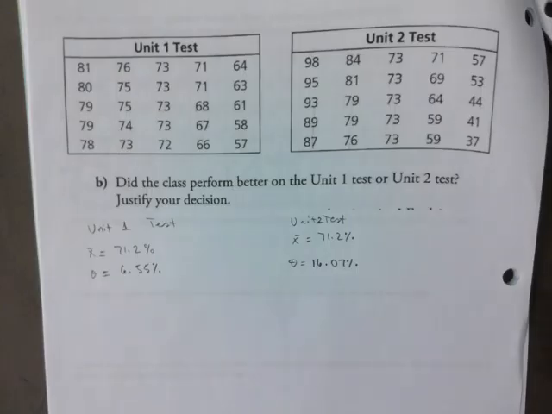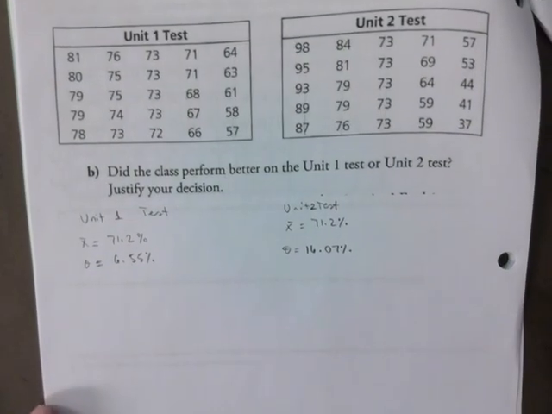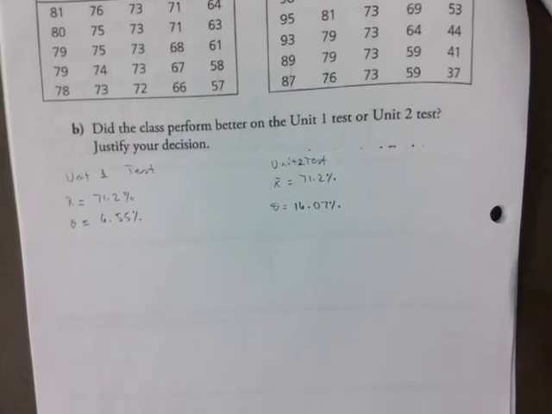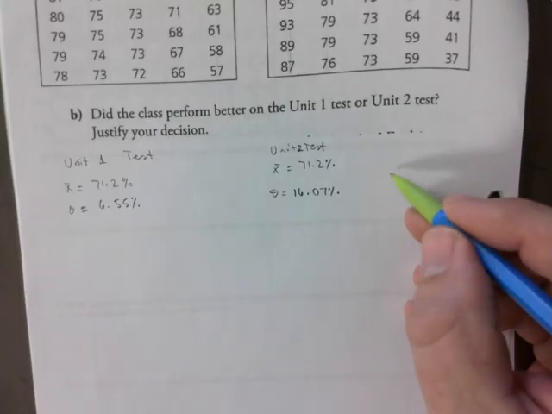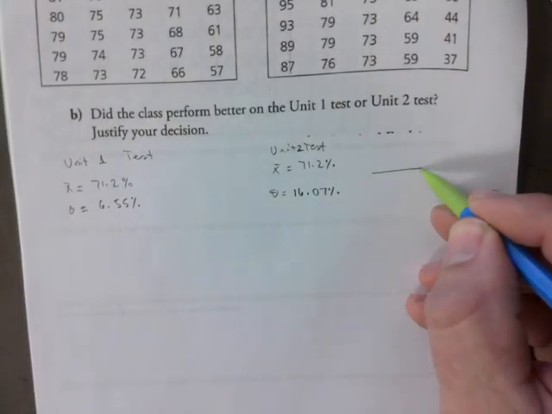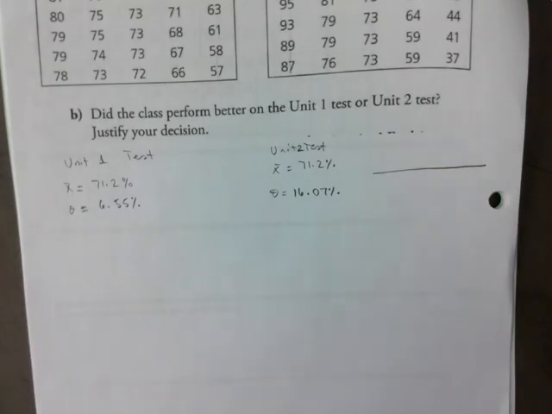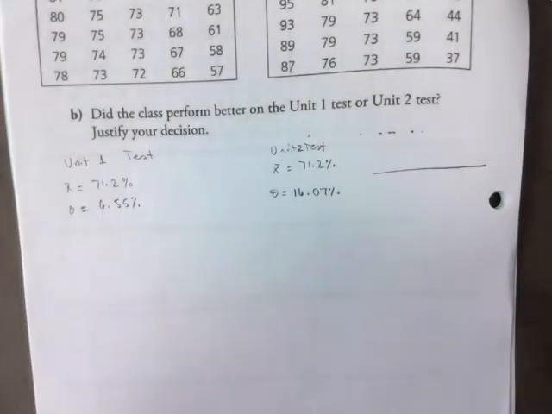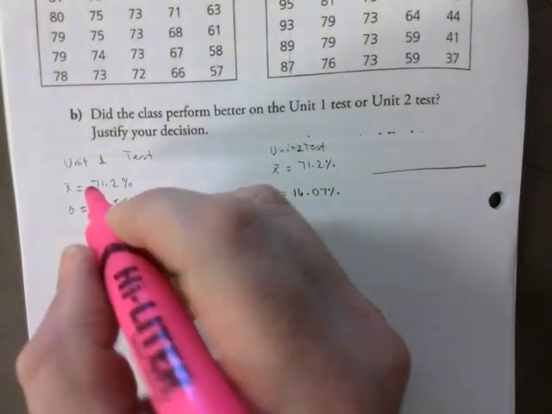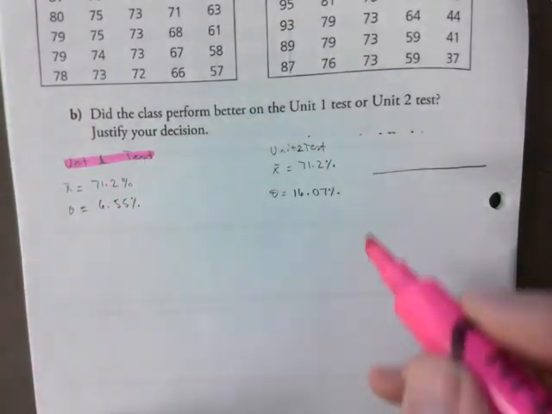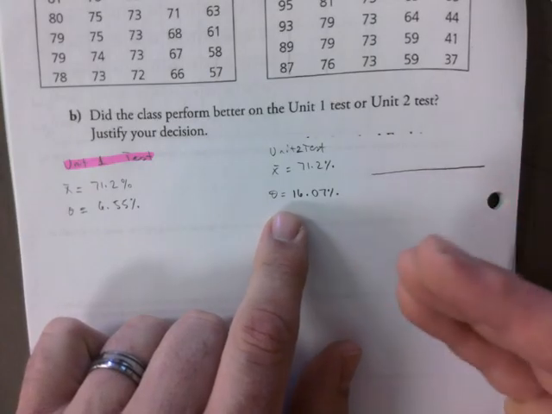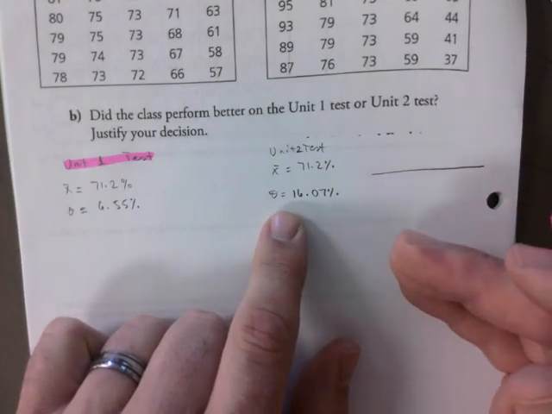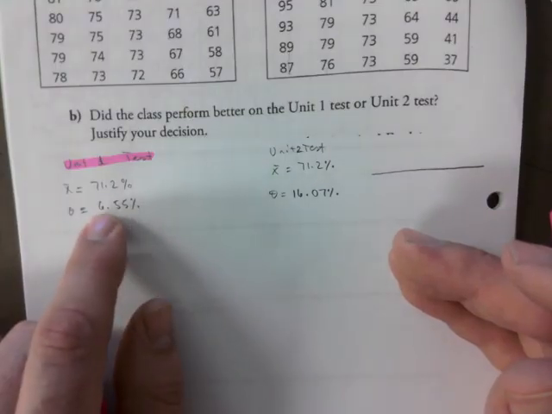So if I ask you to explain using statistical terms, how about graphically? Let's figure this out graphically. This is just a sketch, it's not to scale. If we would have our bell curve, unit 1 test compared to unit 2 test would be what? Which one would be clustered together, have a steeper curve? This will be steeper, right?